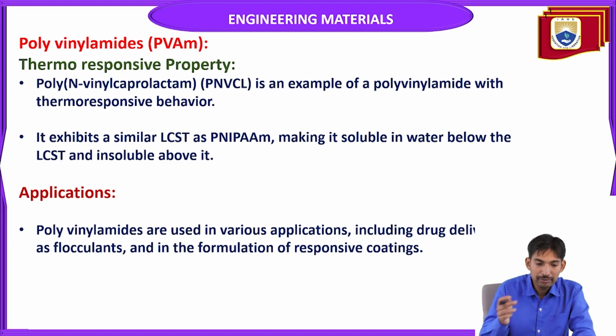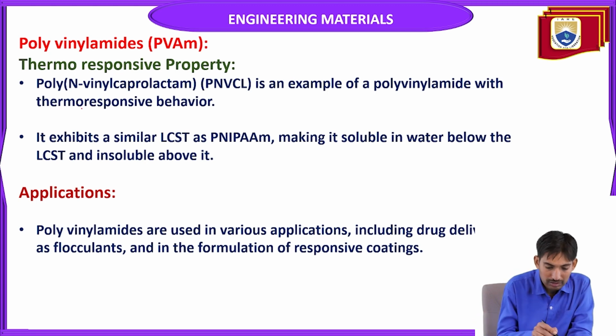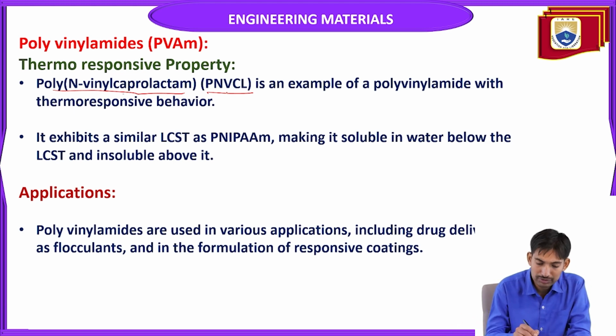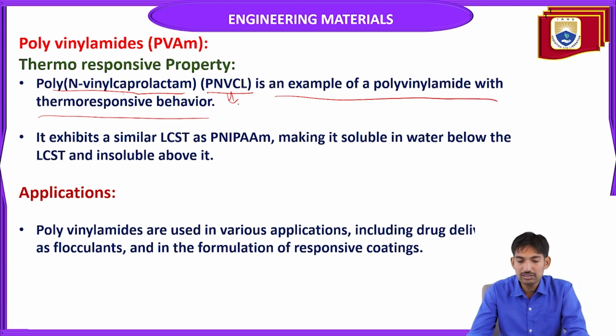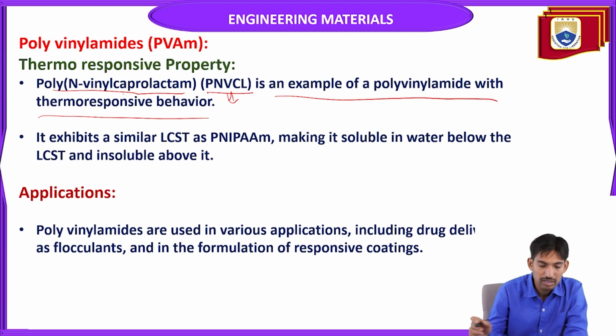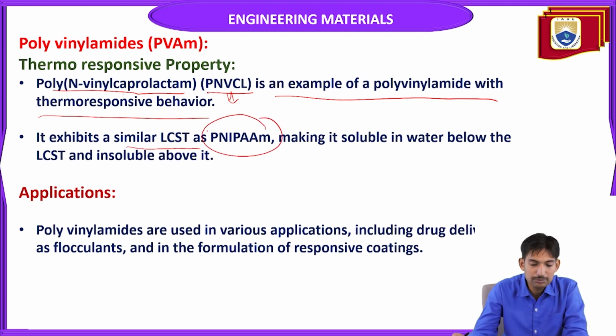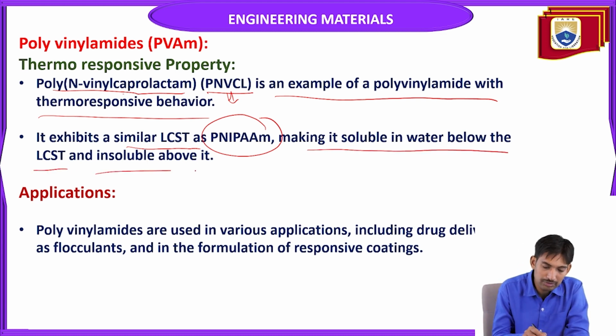The thermoresponsive property of polyvinyl amide: poly-N-vinyl caprolactam, PNVCl, is an example of a polyvinyl amide with thermoresponsive behavior. It exhibits an LCST similar to PNIPAM, making it soluble in water below the LCST and insoluble above it.